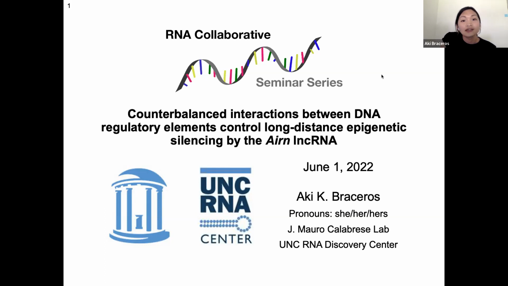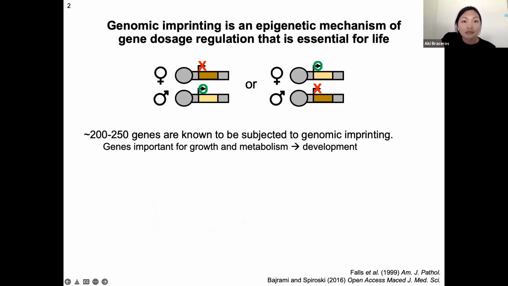But before diving into the details of this work, I would like to mention that our lab's broad interest is to understand regulatory mechanisms of gene expression. One particular area that we focus on in the lab is the biological process called genomic imprinting.